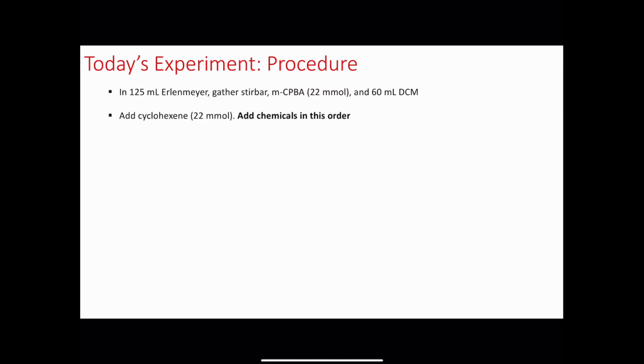Moving on to the procedure. First, you need to gather the stir bar, the MCPBA, and the methylene chloride. And then you're gonna add the cyclohexene. Make sure that you add the chemicals in this order, otherwise the reaction doesn't work.